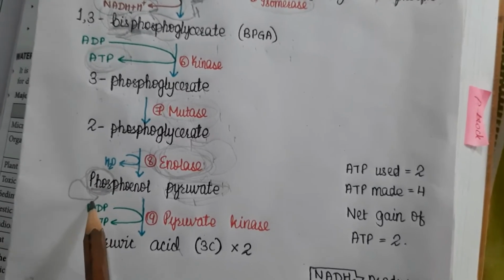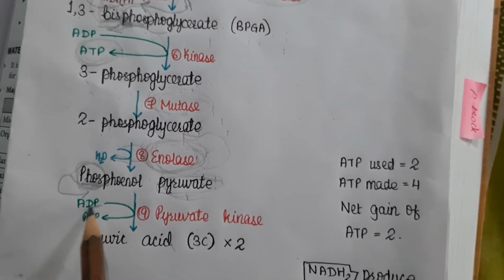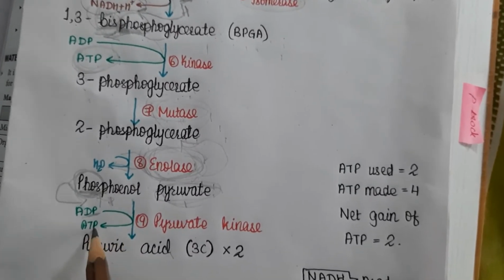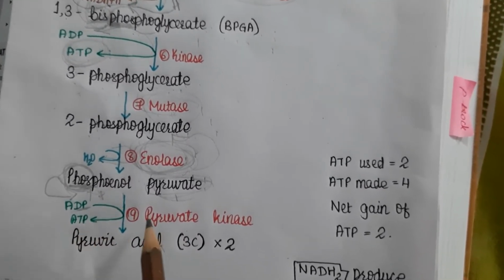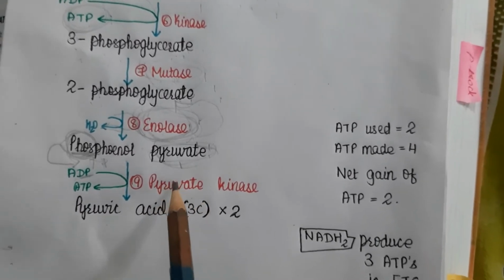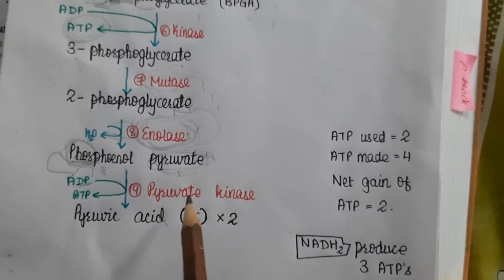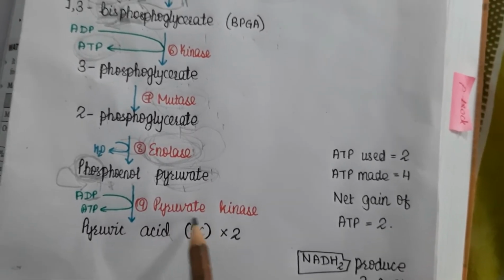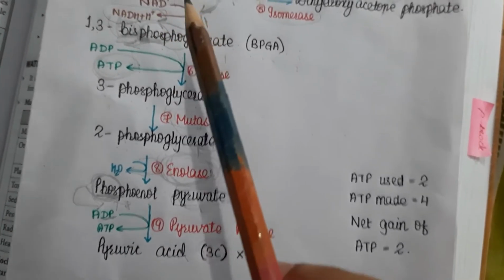It goes to the ADP, the diphosphate. It receives one more phosphate group and therefore makes ATP. So here the enzyme is pyruvate kinase, and it makes the pyruvic acid, which is again a 3-carbon compound.